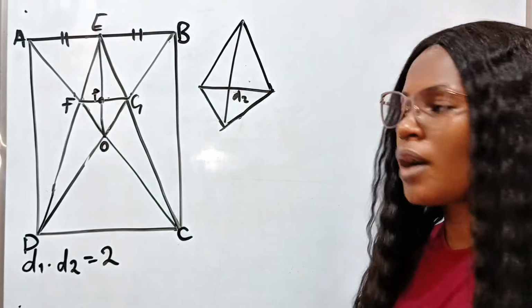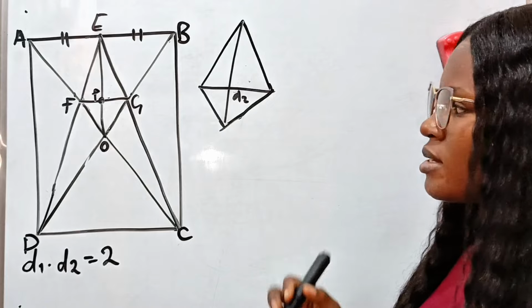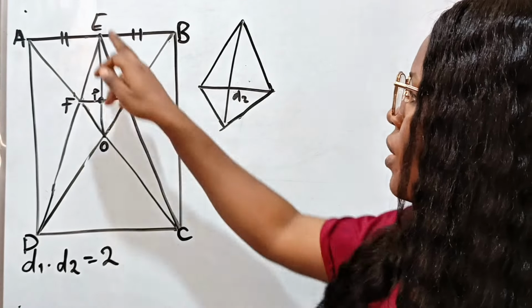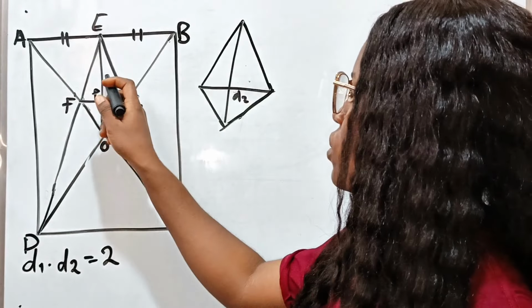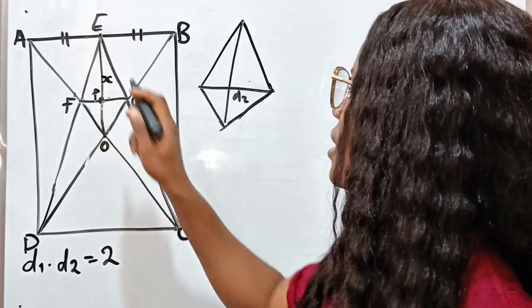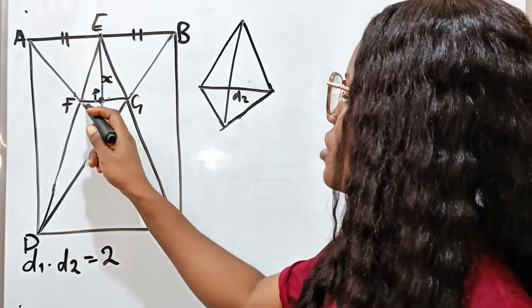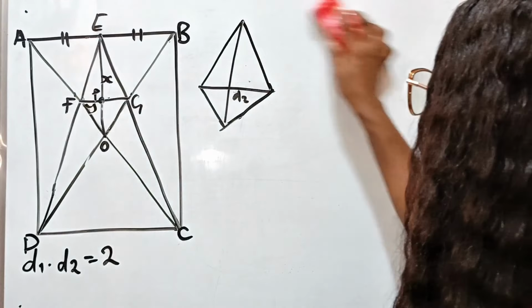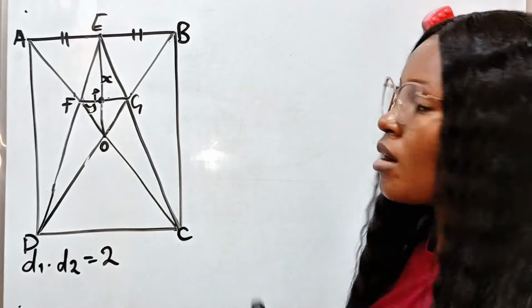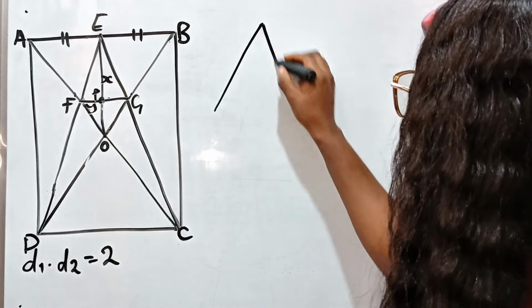Now I want you to notice something. Let us call EP equal to X, and FP to be Y. Let me draw it out perfectly.